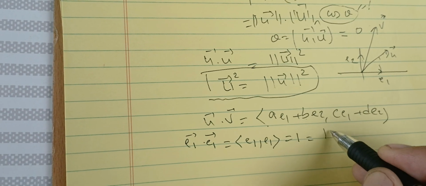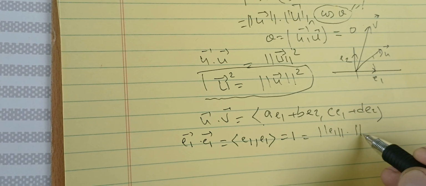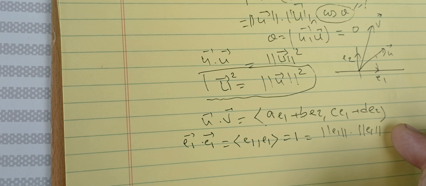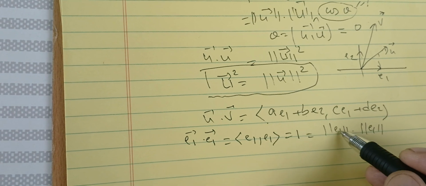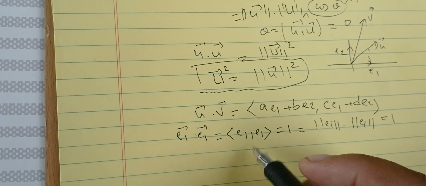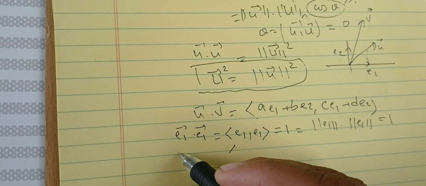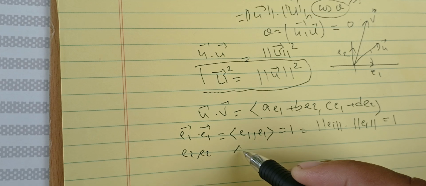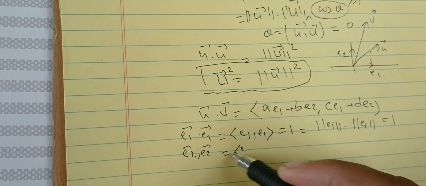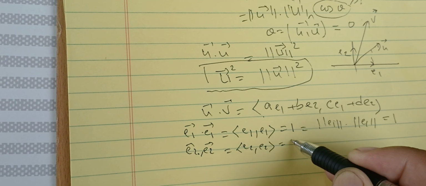So it's going to be the norm of e1 times the norm of e1 times the cosine between e1 and e1, which is 0. And this is just 1 because this is a unit vector. So we have 1. The same thing for e2 with e2, which gives me 1.